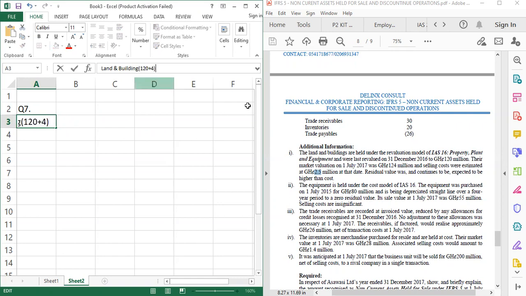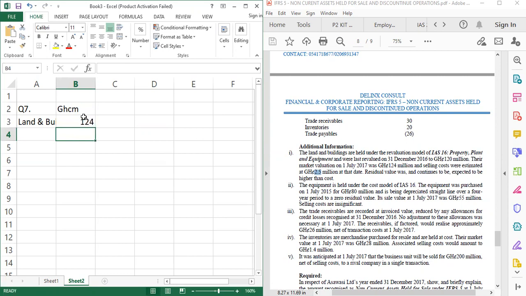So we remeasure the asset to 124 before we classify it. That is for the building. So we are going to have a revaluation gain of 4 million, which will go to other comprehensive income.